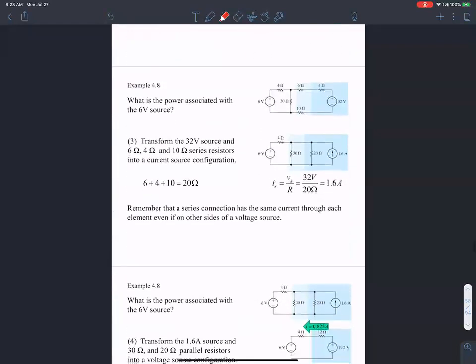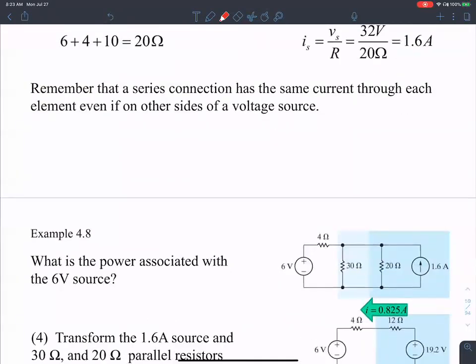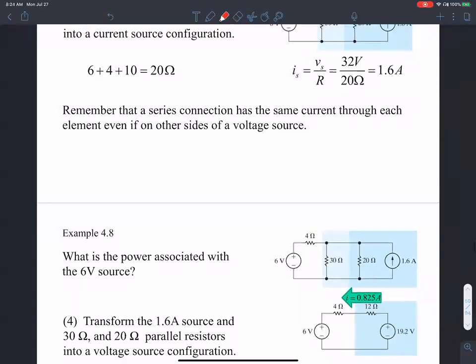It's a very simple technique, but very useful technique. In order to get a current source, divide the voltage by the resistance. And in order to get an equivalent voltage source, multiply the current by the resistance. Okay? Source transformation.